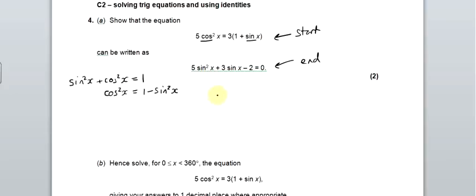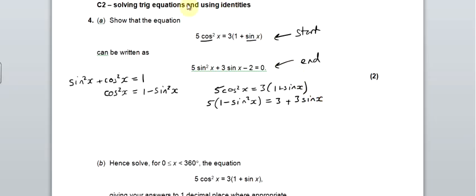So we've got 5 cos squared x is equal to 3 brackets 1 plus sine x, and that becomes 5 brackets 1 minus sine squared x is equal to 3 plus 3 sine x.